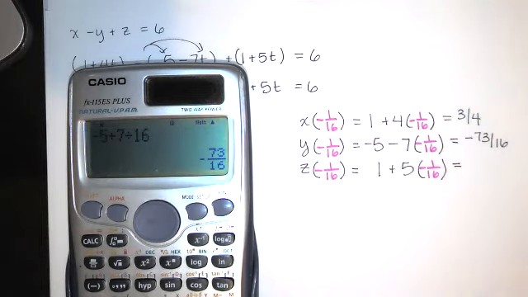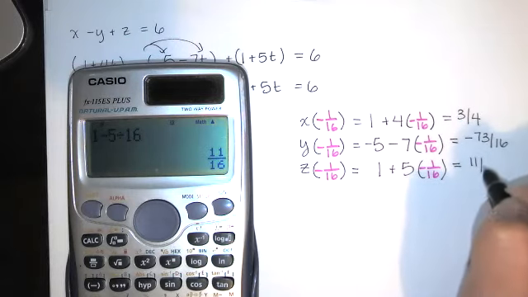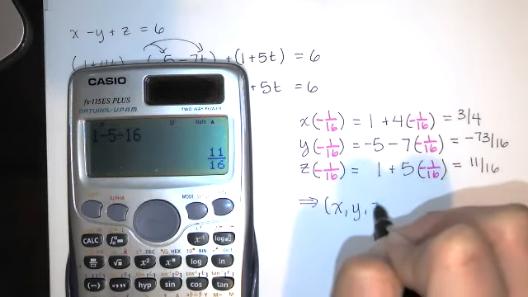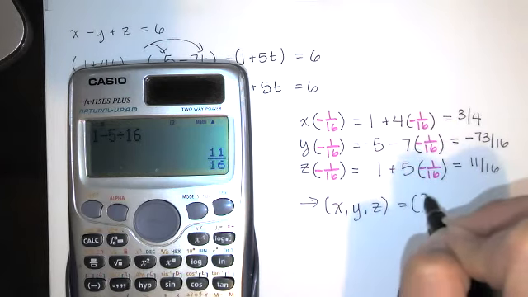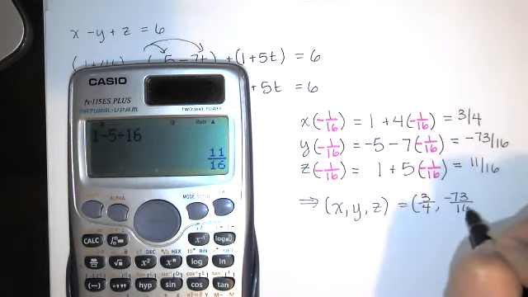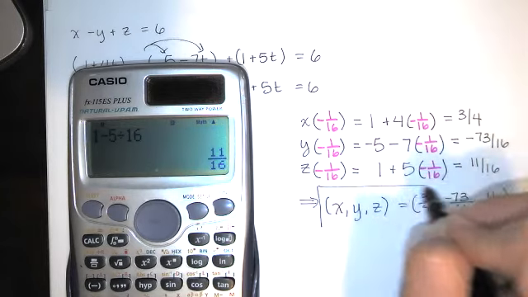And then the last one, I have 1 minus 5 over 16. So that's 11 over 16. So what is that location? That's x, y, z equals 3/4, negative 73 over 16, and 11 over 16.